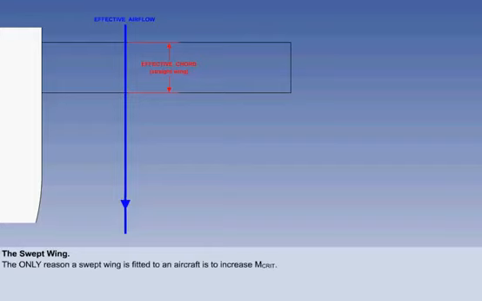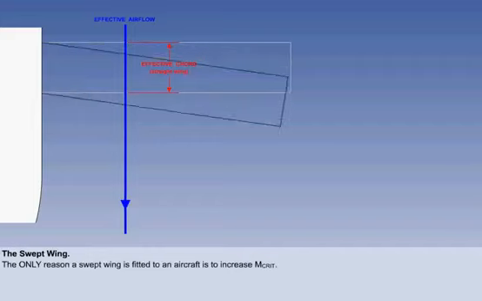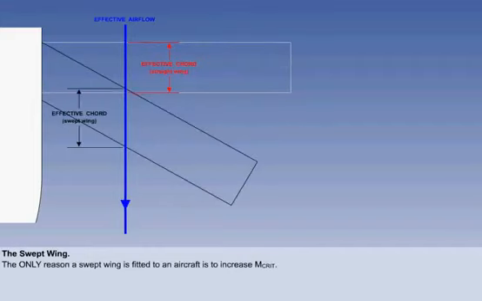Observe, the effective airflow passes over a straight unswept wing at 90 degrees to the leading and trailing edges, giving a certain effective chord. On a swept wing, the effective airflow passes over the leading and trailing edges at an angle, which gives an increase in effective chord.